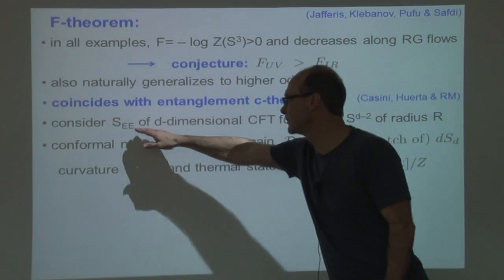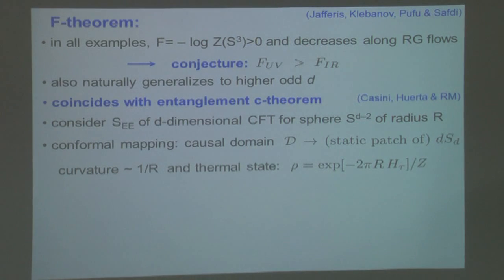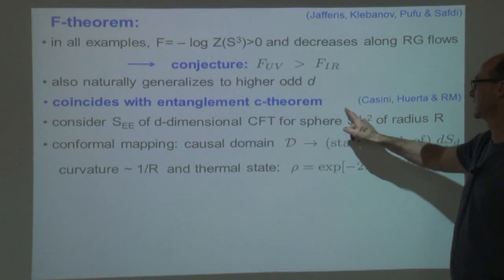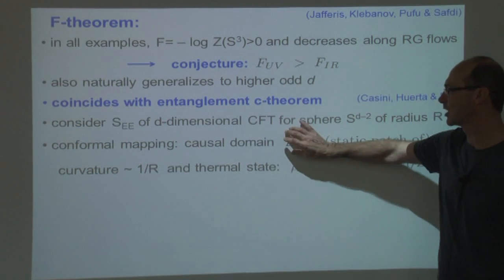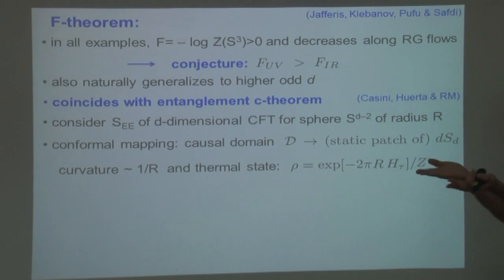Okay, so I'm thinking about the entanglement entropy for a d-dimensional CFT. I'm thinking about a spherical entangling surface of some radius. Again, it's a CFT, and so I can do a conformal mapping. Again, what is it that I'm mapping? I'm looking at the causal domain. I'm not just looking at this spherical, ball-shaped region in the time slice, but at the causal domain that grows out of that.